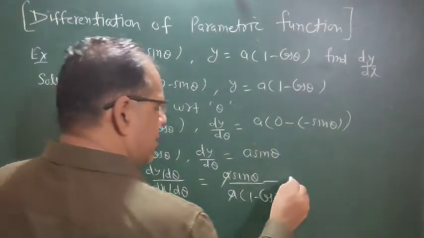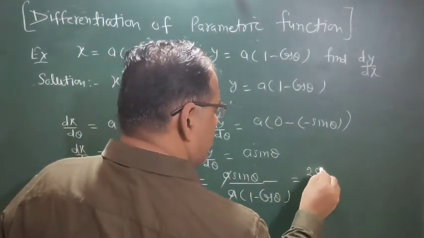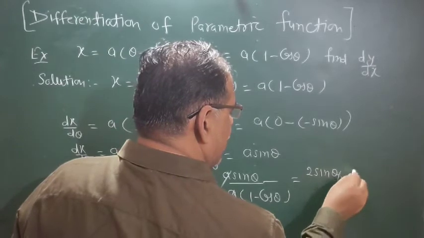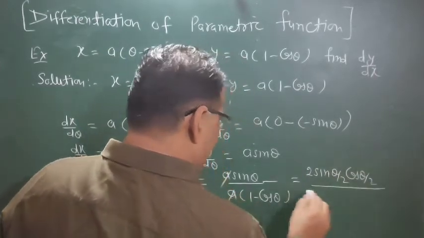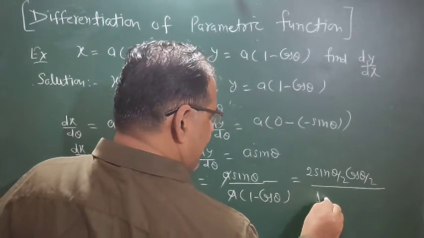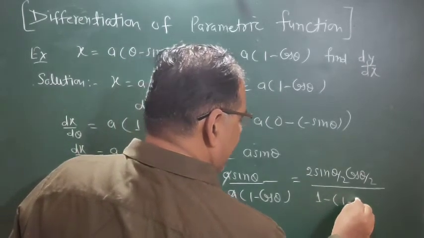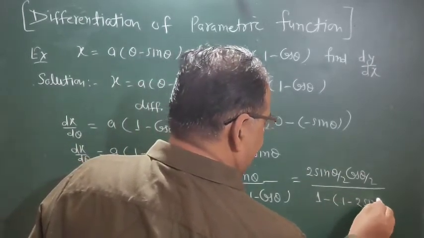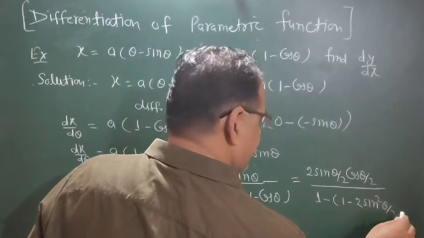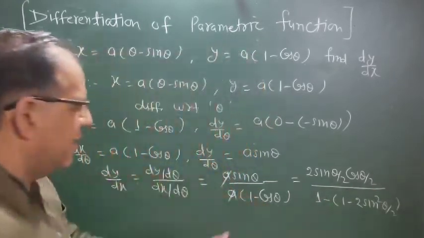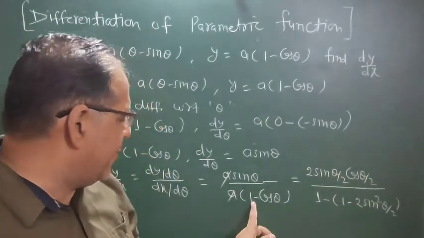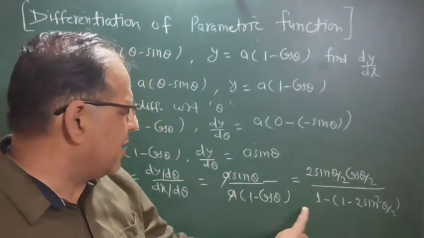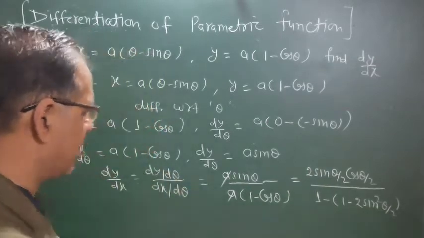Now we use the submultiple formulas of sin and cos. Sin theta can be written as 2 sin theta by 2 cos theta by 2. Similarly, 1 minus cos theta can be written as 2 sin square theta by 2.